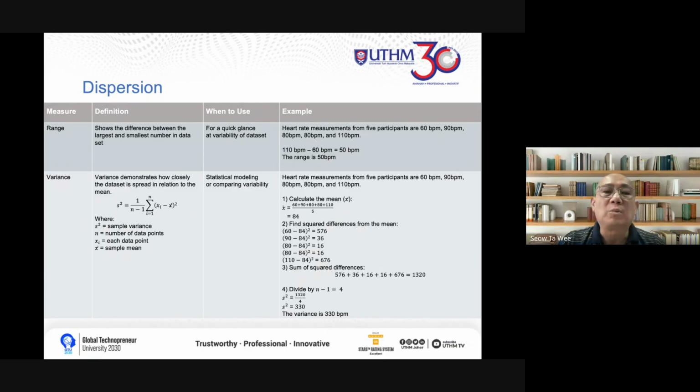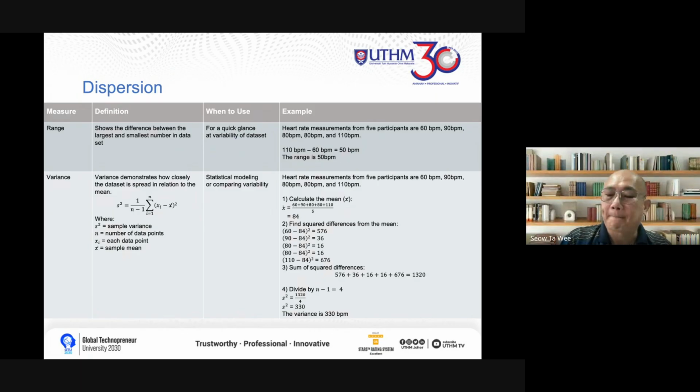Normally, when we talk about the mean, sometimes we need to have the variance there. In statistical modeling or computing variability, we use it.